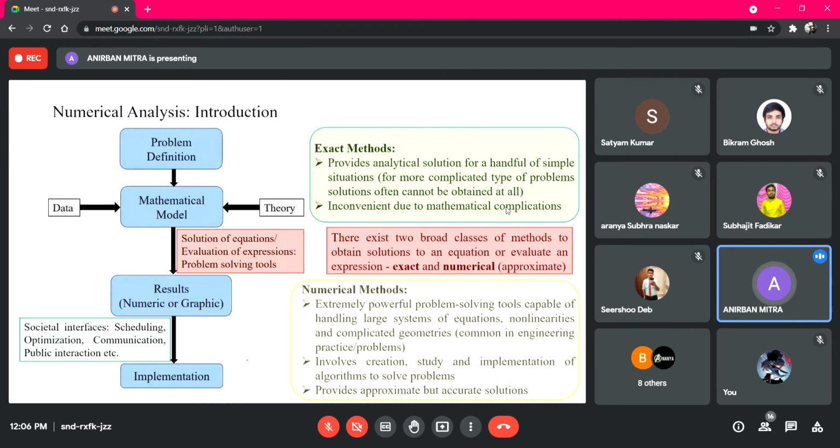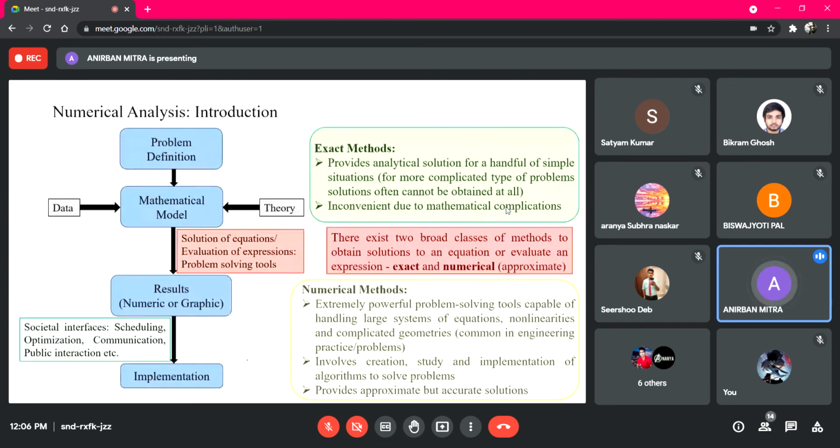The alternative is, of course, the numerical methods, which are extremely powerful for problem solving, and they are capable of handling large systems of equations, non-linearities, or complicated geometries. Such instances of nonlinear equations or complicated geometries are very common in engineering practice and problems.